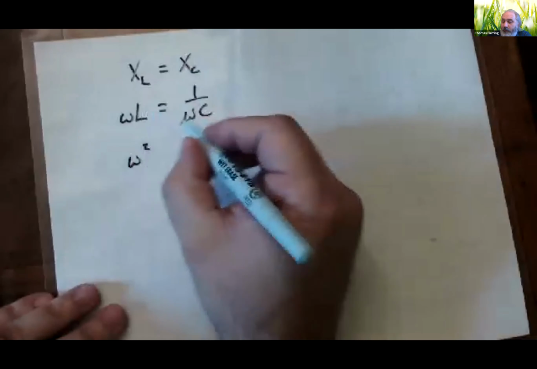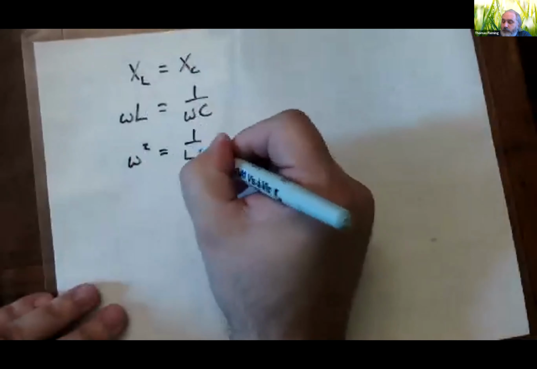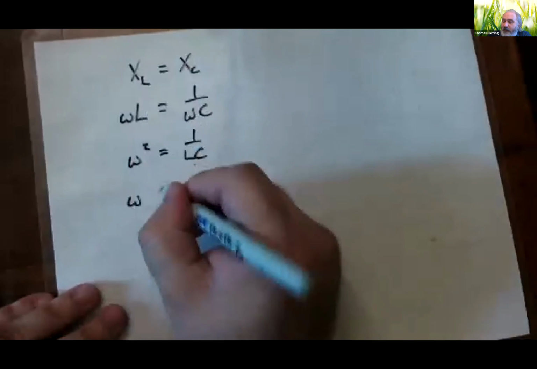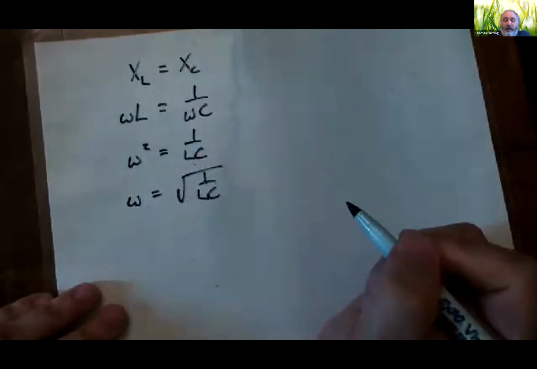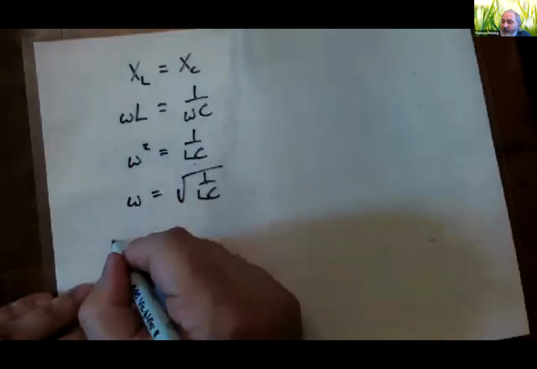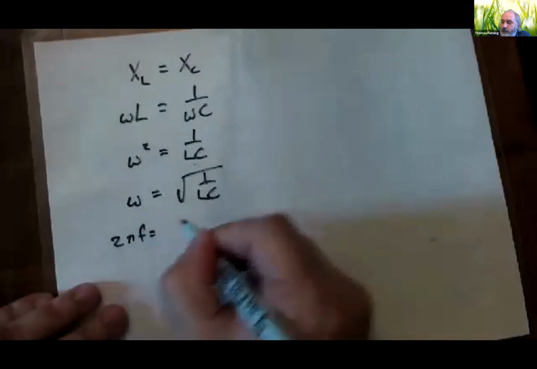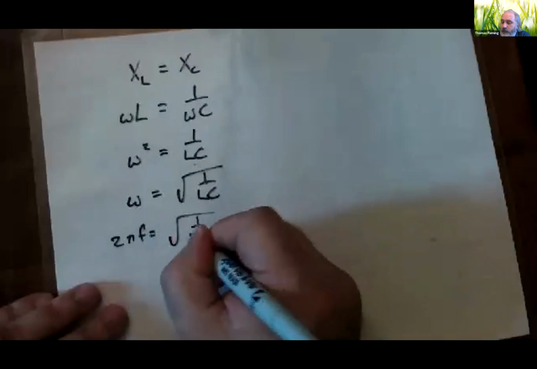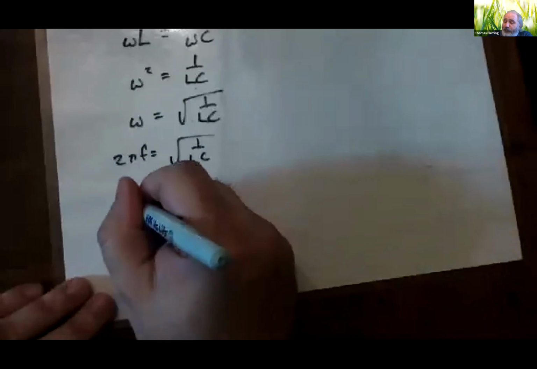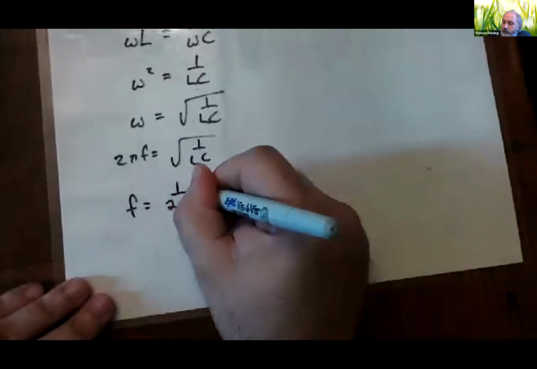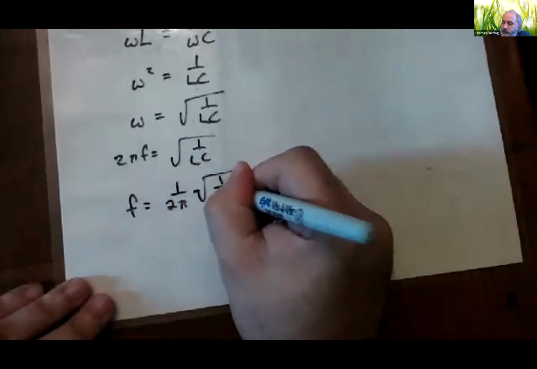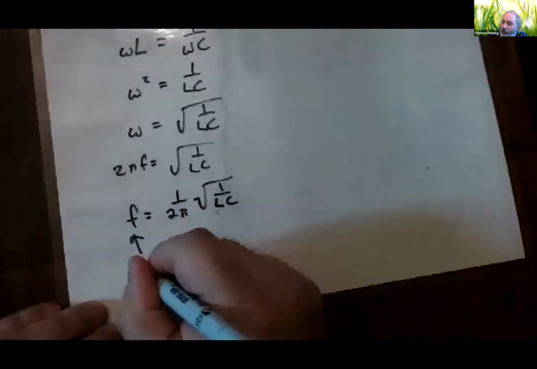Let's divide by L. So omega is going to equal the square root of 1 over LC. And of course, omega is 2 pi f. So the frequency that I'm looking for is this. And we're going to call this the resonant frequency.